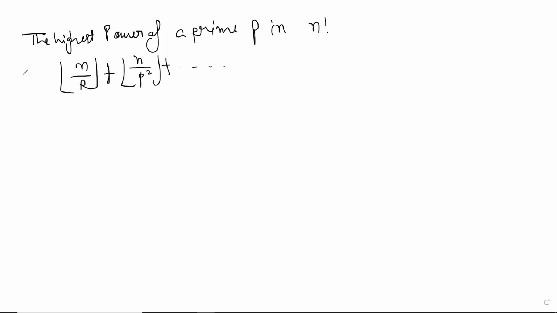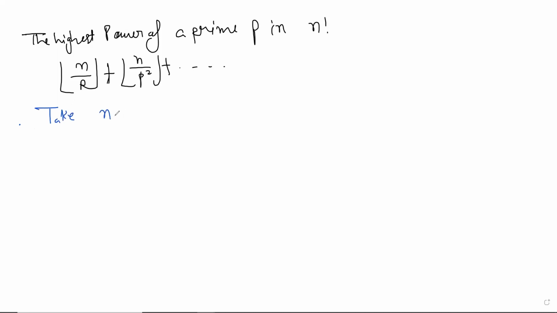Okay, but now we want to do it in a slightly different way. Let us do this experiment and then we can understand it. Take a number n, any n you want.